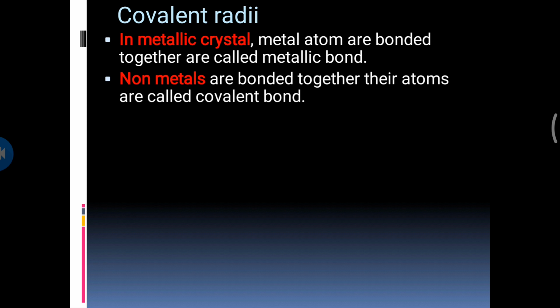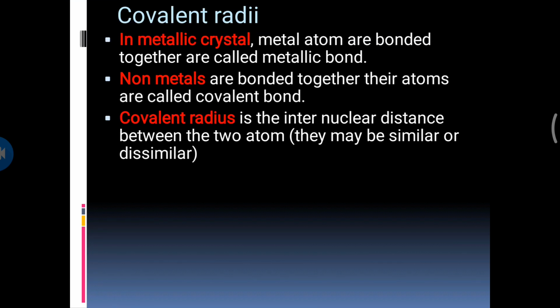Next is the covalent radius. The covalent radius is the internuclear distance between two atoms. They may be similar atoms or dissimilar atoms.